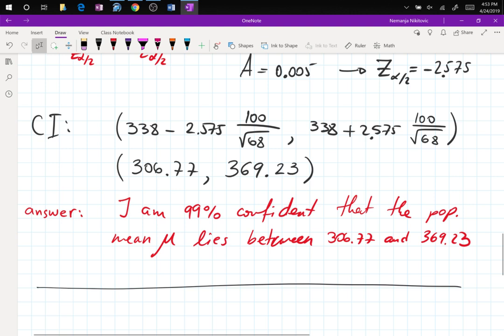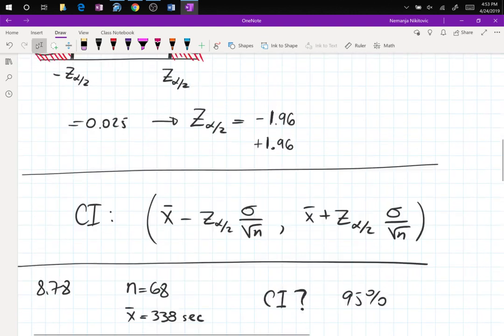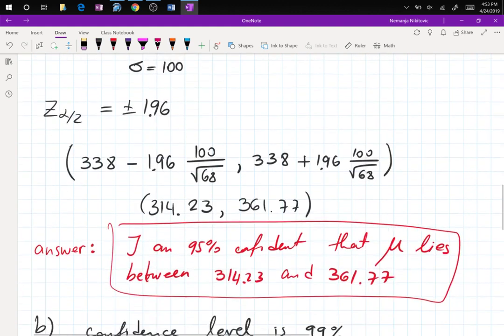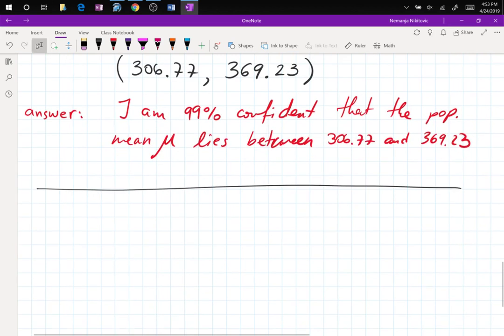All right. Oh, by the way, did I say that this is the margin of error? Where's my formula? Yes, I did say that's the margin of error. So if they ask for just the margin of error, this is the only thing you have to compute. I'm going to spell that out one more time.